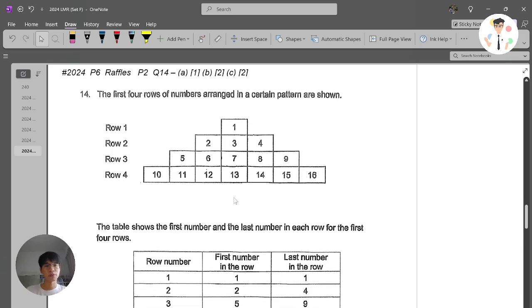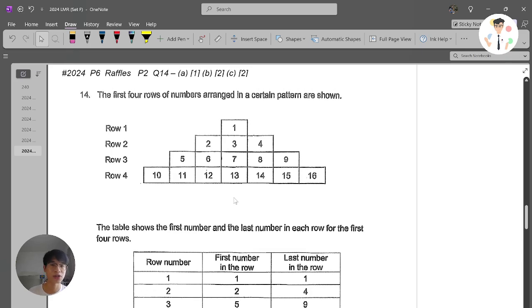Okay, the next question from the resource paper 2, question 14, is actually a pattern question. It's very interesting to see a question like this, right? So the first 4 rows of numbers are arranged in a certain pattern as shown below. Row 1: 1. Row 2: 2, 3, 4. Row 3: 5, 6, 7, 8, 9. Row 4: 10, 11, 12, 13, 14, 15, 16.